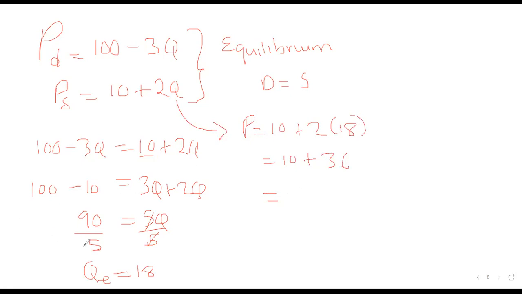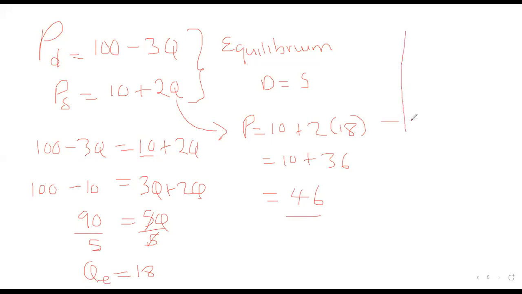How do we get 18? We divided 5 in there, 1 remainder 4. Into 40, it's 8. So 18. So when you put 18 here, 2 times 18 is 36. 36 plus 10 is 46. So we have found our equilibrium.